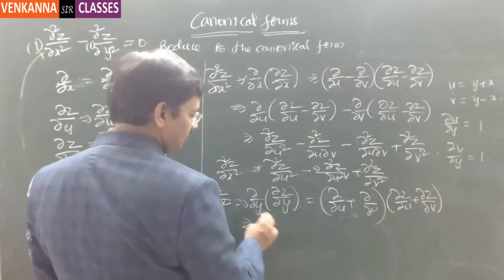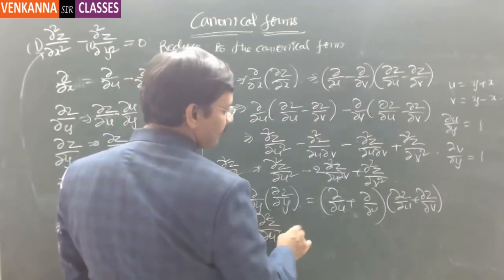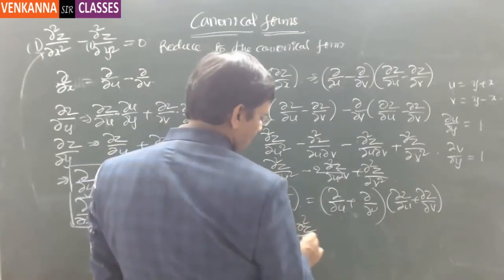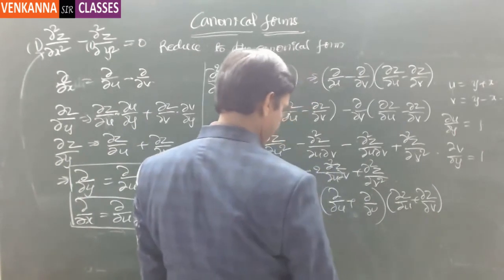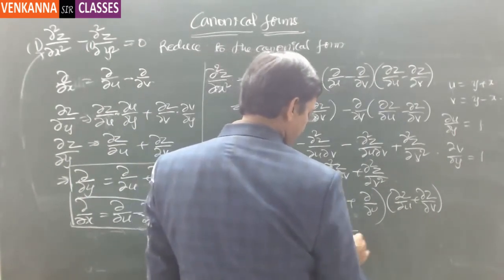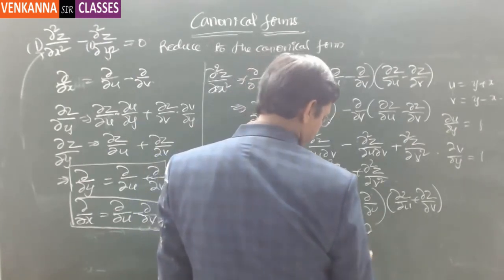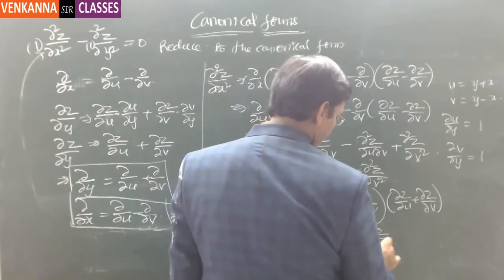And this is equal to ∂²z/∂u² + 2 ∂²z/∂u∂v + ∂²z/∂v², which is ∂²z/∂y².